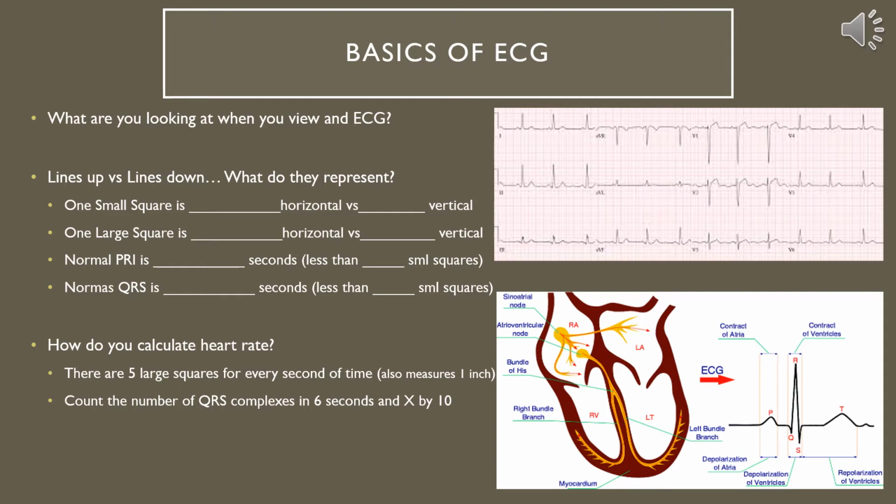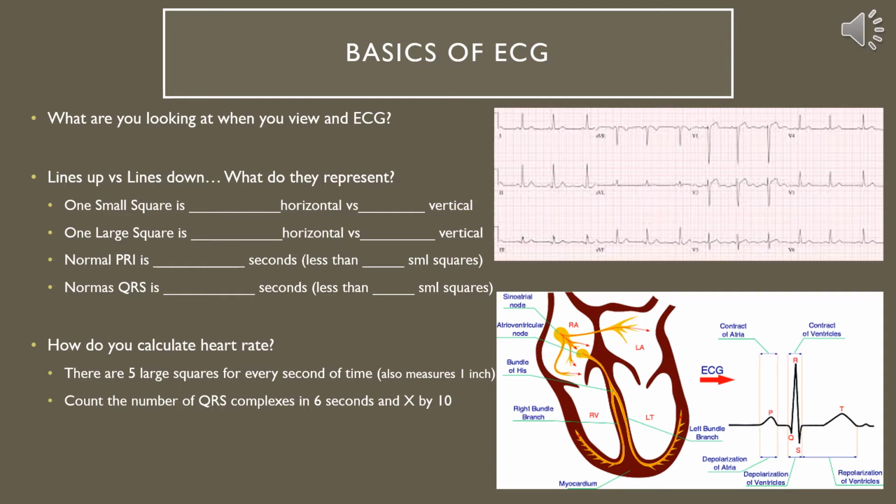Normal QRS, that's that big amplitude wave that comes after the P wave. That is a really small time period from 0.04 seconds to 0.1 seconds, less than 3 of those small squares. Okay.